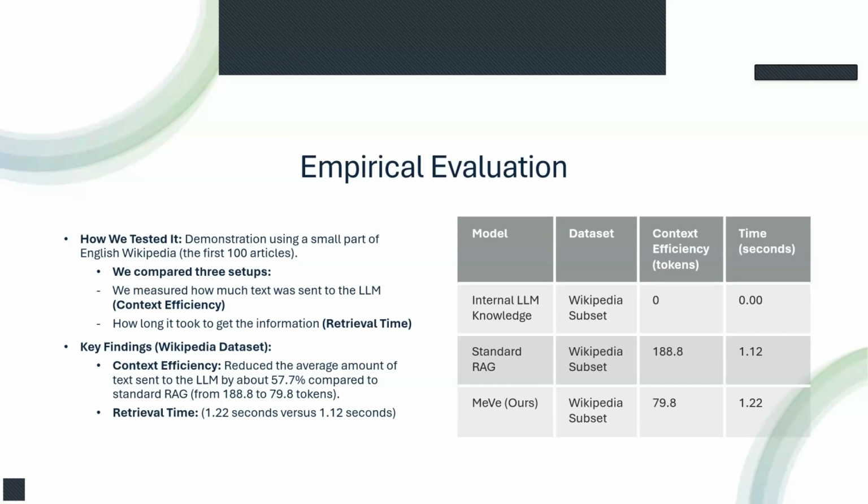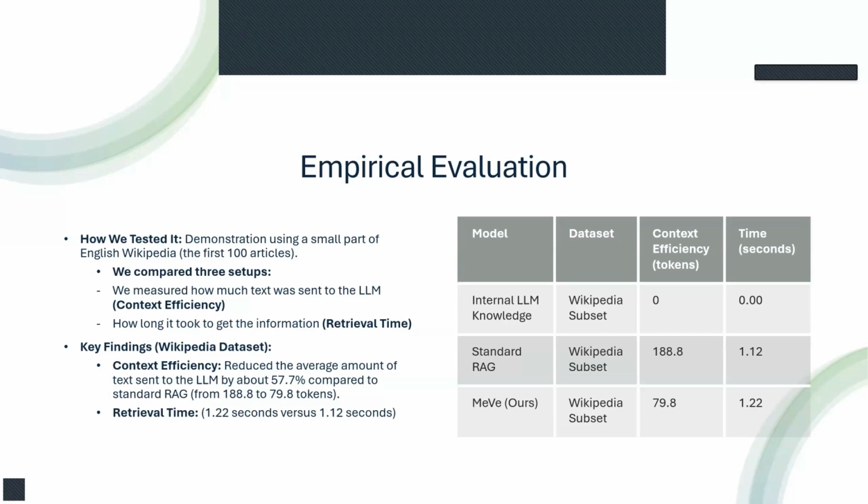And retrieval time, you can see the internal LLM, which is the baseline, used no retrieval time since it has nothing additional. And then standard RAG used 1.12 seconds on average, and MeVe used 1.22 on average, which you can see is extremely close to each other.